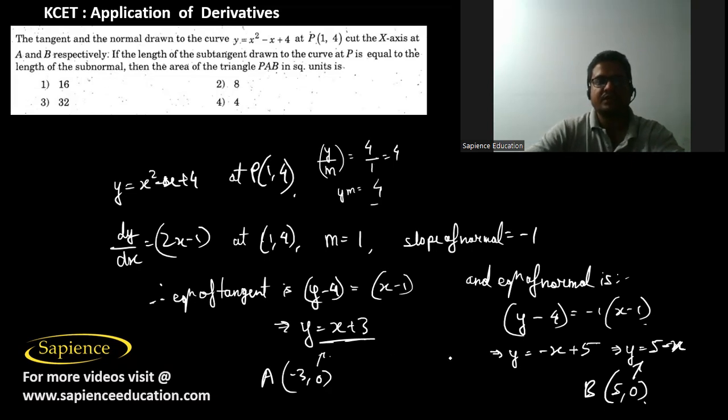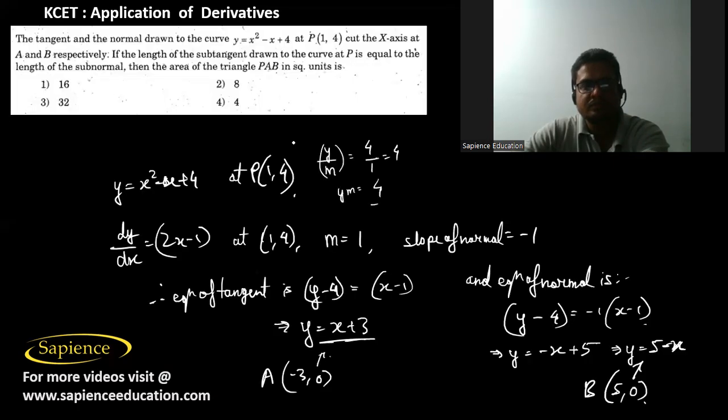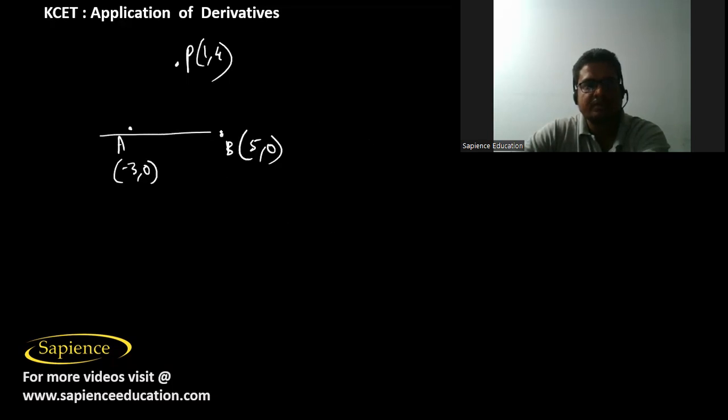And the area of the triangle PAB. So here the point P is 1 comma 4, and the point A is minus 3 comma 0, and point B is 5 comma 0. So area of triangle PAB.